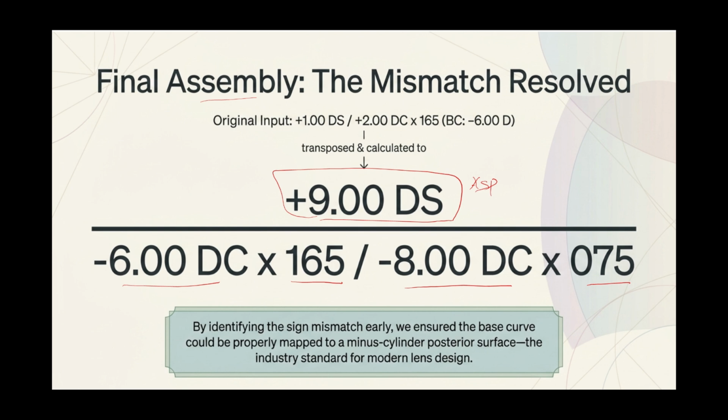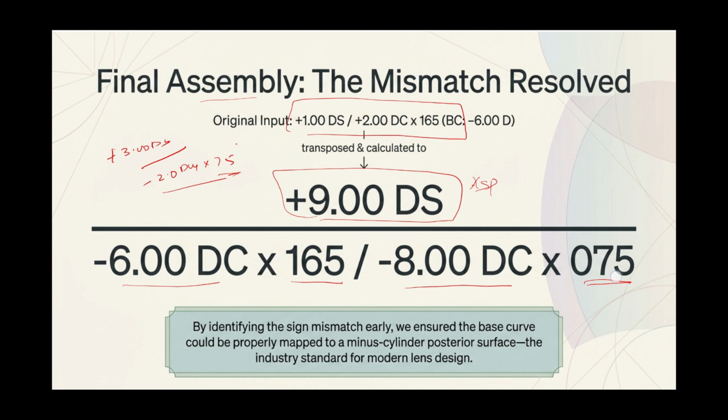Please don't get confused with this because this is not the original input. After simple transposition, we have got the input as plus 3 diopter sphere minus 2 diopter cylinder at 75 degrees. So now you can see that our cross curve, the axis is matching with this, and the base curve is rotated by 90 degrees.